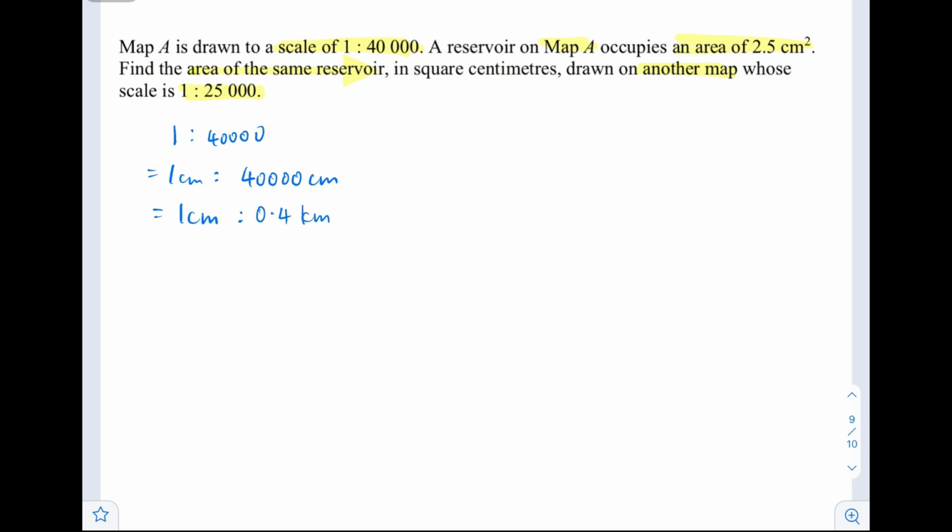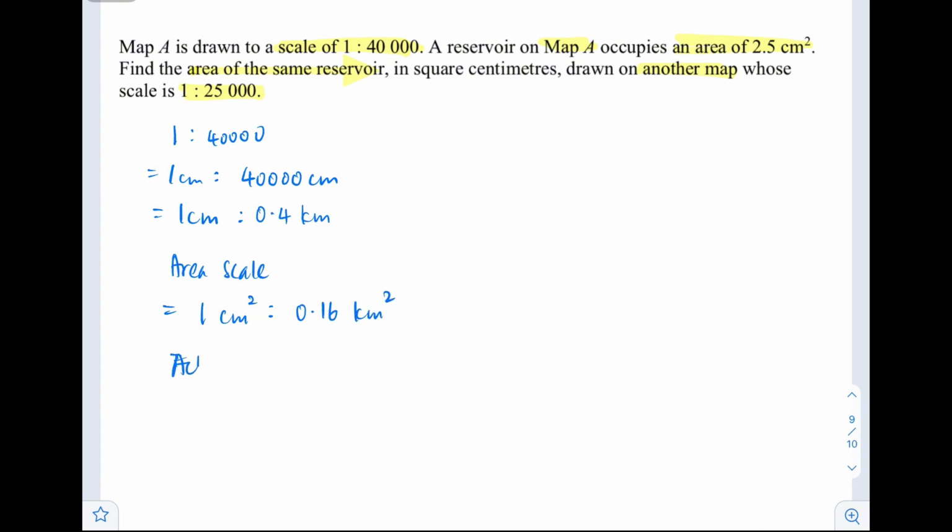So what I need to do is first get the area scale. The area scale, I square everything. 1 cm squared, I get cm squared. 0.4, when I square it, I get 0.16. Km, I square it, I get km squared.